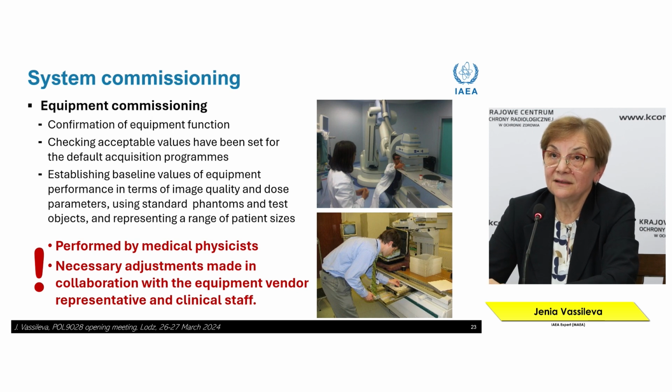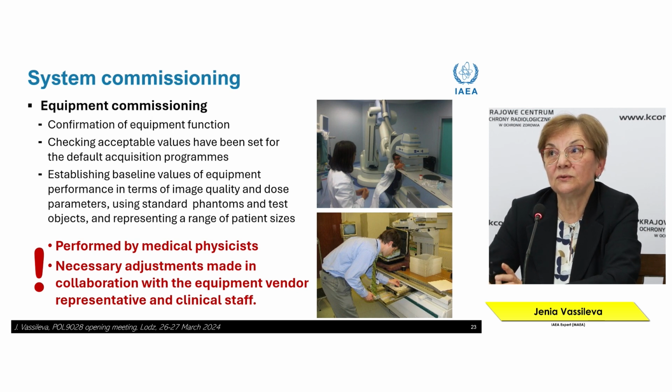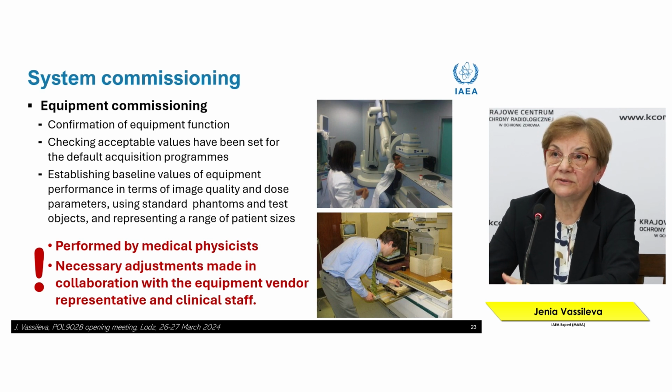Equipment commissioning has an important role to characterize the whole system in terms of dose rate and image quality, because modern equipment has very stable generators. In fact, measuring kVs and HVL, which was very important in the past, is not of big importance nowadays.